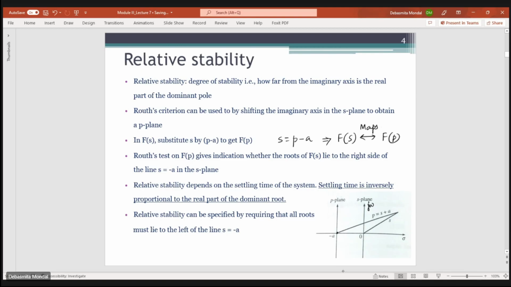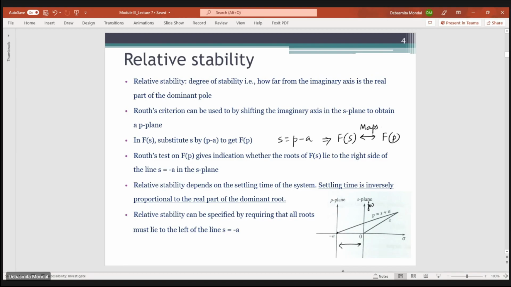So if after applying the Routh's test you see any root of this F(p) lying to the right of this line, then for this p-plane, anything lying in the right half region will indicate that the system will have a pole or a root in the right half of the p-plane.